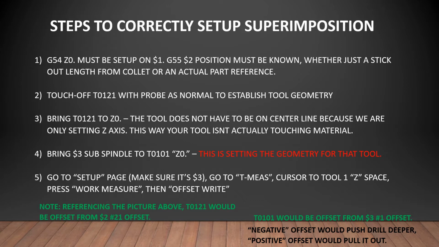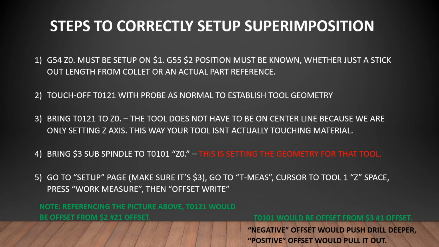Number 5, go to Setup page, make sure it's channel 3, and go to T measure, cursor to tool 1 under Z, and press work measure, then offset right. Note that referencing the picture up above, T0121 would be offset from channel 2 using the number 21 offset geometry.